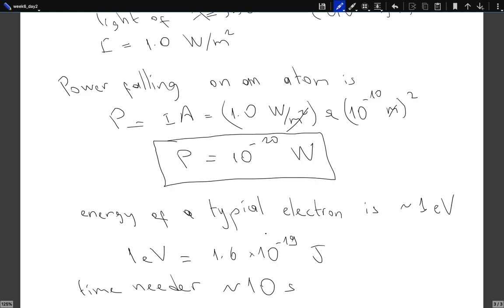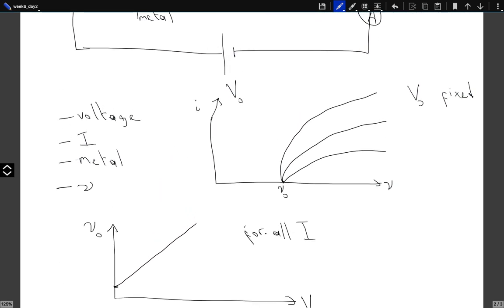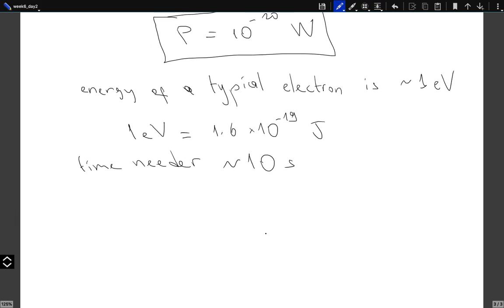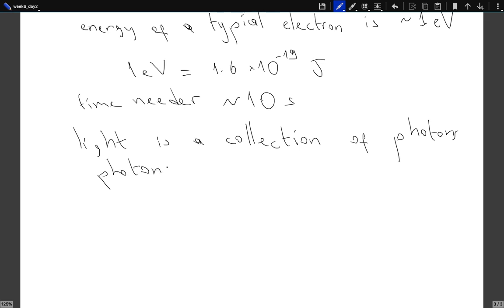So let's see how this description of the light in terms of packages explains all these phenomena. Now the picture we have is light is a collection of photons, and photons of frequency nu have energy h nu.